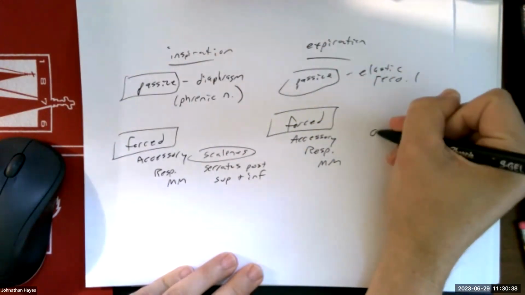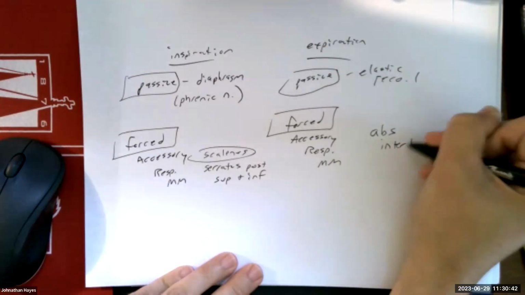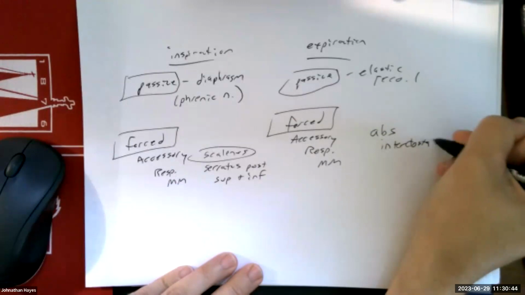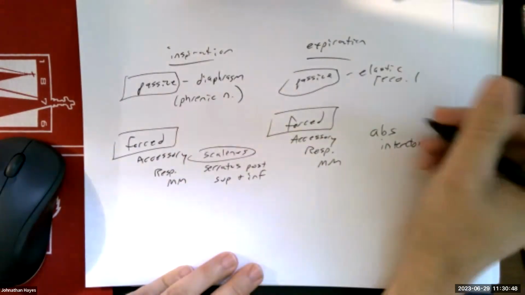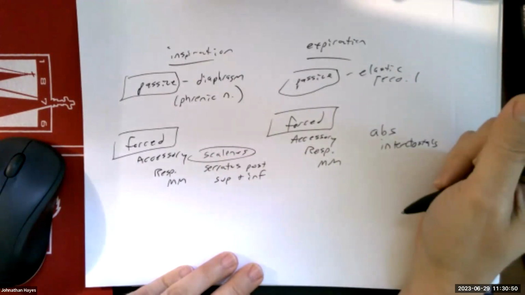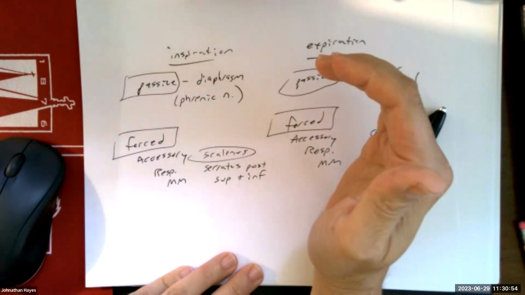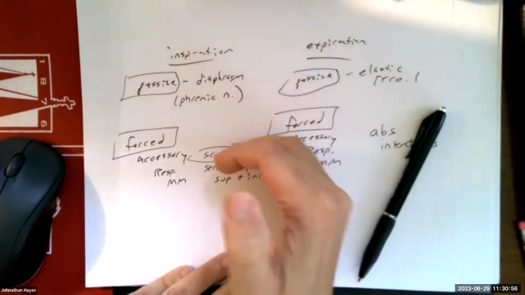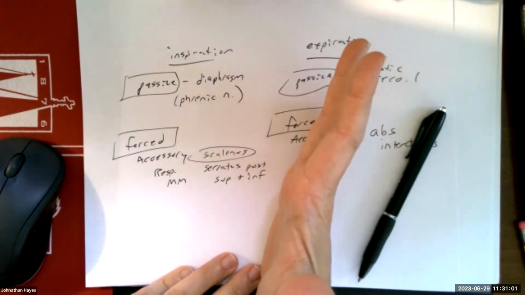Forced expiration: abs and intercostals. So the muscles in between the ribs. Intercostals are also used for inspiration too, but abs and intercostals are for forced expiration. So when I breathe out, my body goes more like this, squeezing the thoracic cavity. When I'm breathing in real deep, my body does more like this. You sit upright, right?